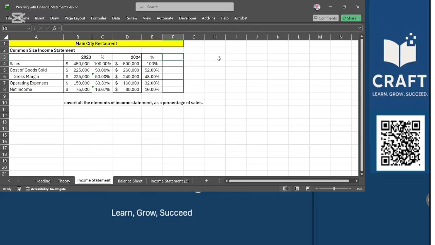If you look at the change from 2023 to 2024, you can find that the cost of goods sold has increased by 2%. The gross margin has decreased by 2%. There is a decline in operating expenses by 1.33%, and the profitability as a percentage of sale has decreased by 0.67%.